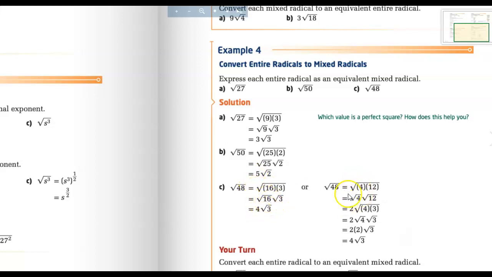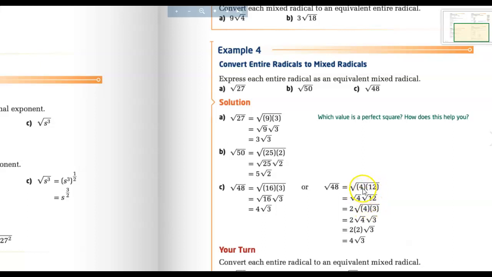Or say you just thought about 2 numbers. Instead, say you didn't think of 16 times 3, you just thought about 12 times 4. Okay, well that's fine, but 12 and 4 are not perfect squares, so there's an additional step you need to do here. First they split into 4 times 12 inside of the radical, and then you have to go a little bit further, right?